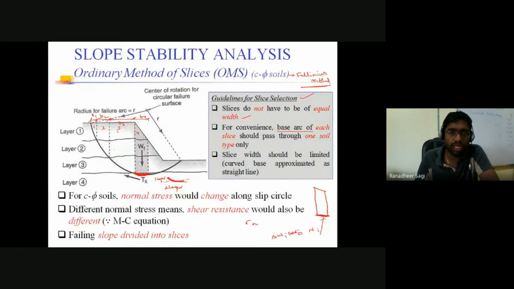If you look here at the third element, the width of the third element is large, so the bottom of the third element is a curved surface. Approximating a curved surface of this nature as a straight line is relatively not very accurate.